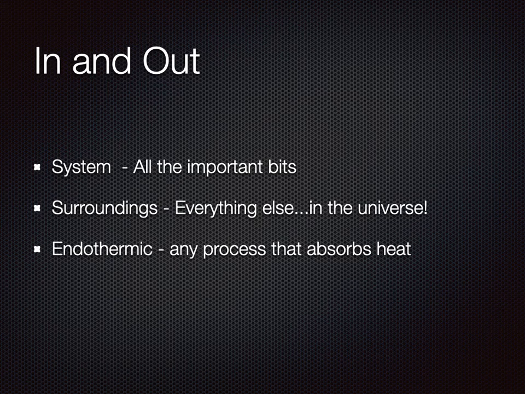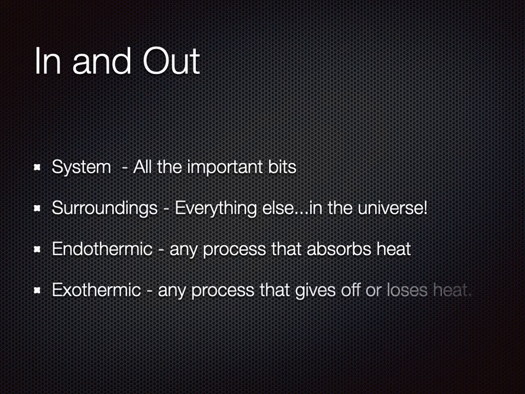So anytime the system absorbs heat from the surroundings, we call that endothermic. And anytime it's losing heat to the surroundings, we're going to call that process exothermic. Endothermic processes are usually measured with positive heat, and exothermic processes usually with negative heat.